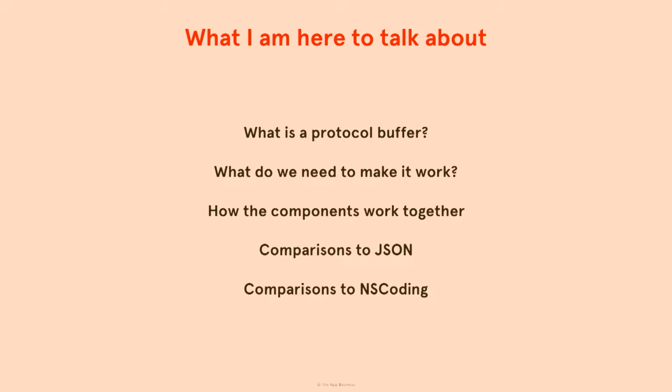Then we'll go into how the components work together, and then a little bit of comparing it to JSON, and a little at the end comparing it to NSCoding. When I say comparisons, I really mean some quite basic benchmarking, so don't be too brutal on my data, but it does give a good idea.